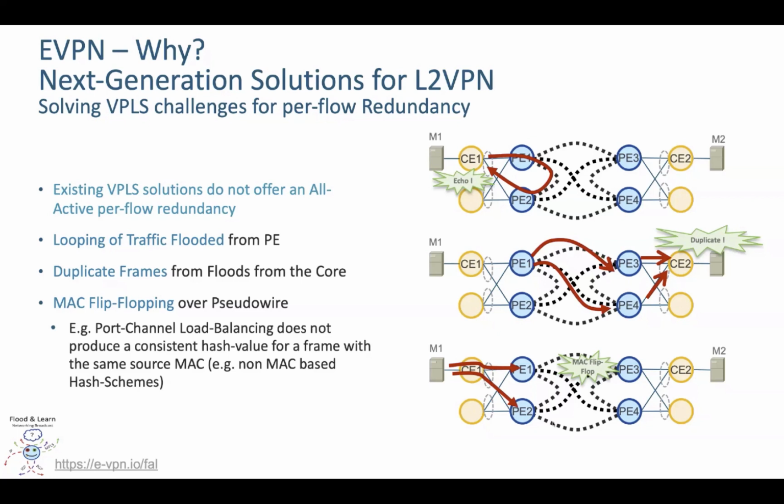PE3 will always see the MAC address M1, coming from the remote side, from both PEs, because VPLS is a full mesh of pseudowires. So the MAC address will come once over the pseudowire from PE1, and a second time from PE2. It means that PE3 will always override the MAC address table.